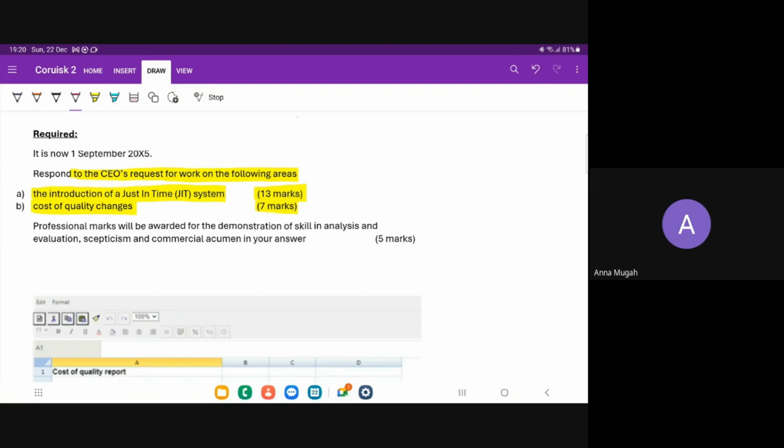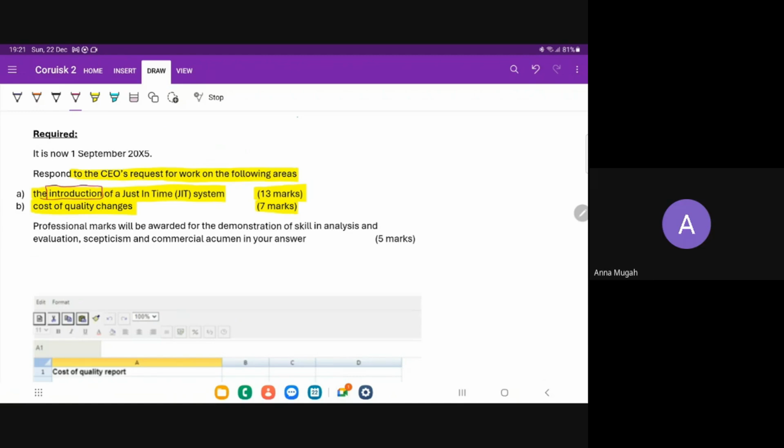For that, you have to go back to the question and see what is the scenario, what the CEO wants from you. But there is one thing which is extremely important here: respond to the CEO request for the work on the introduction of JIT. This introduction term is extremely important. Why?